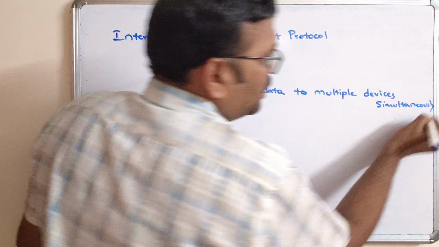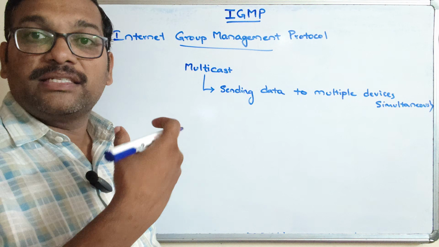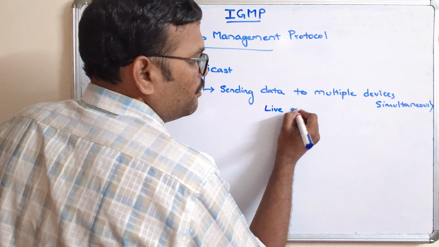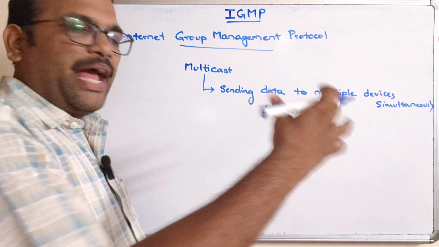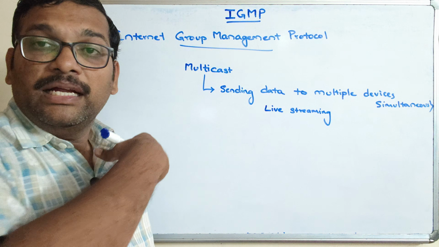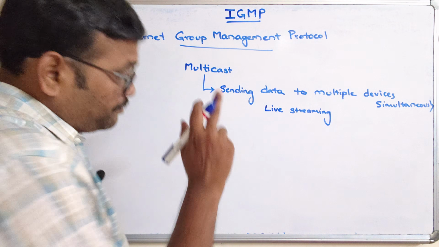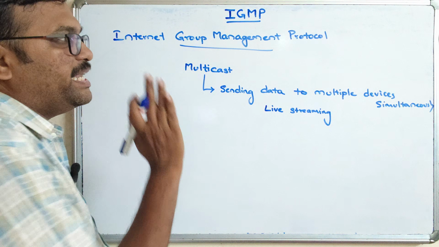Okay, so sending the information to multiple devices simultaneously. The best example is video live streaming. So the live streaming can be accessed on different devices. So sending data to multiple devices simultaneously is called multicast.